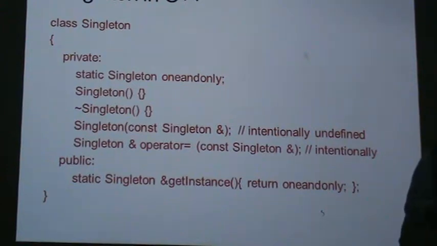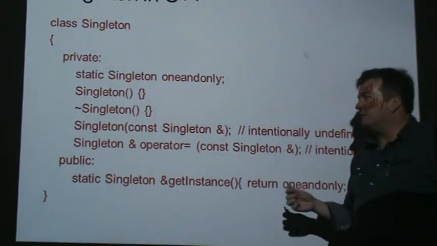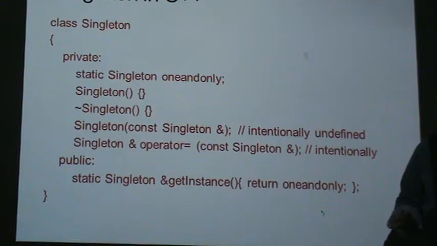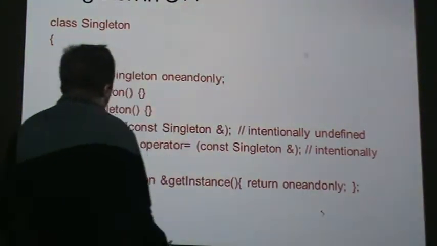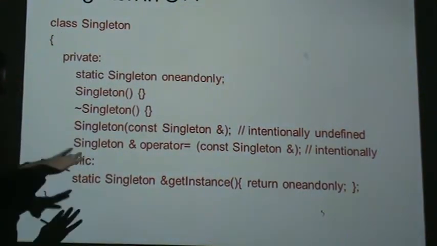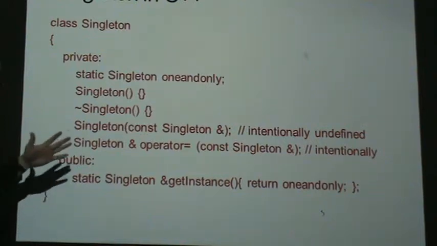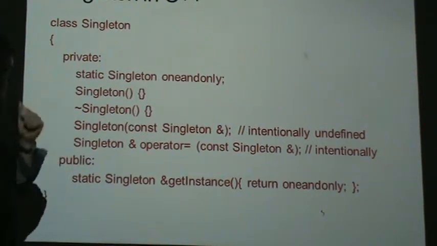For example, MySQL has a maximum number of database connections, 600 or something like that, or whatever the number is. We would never want our entire system to have more than 600 connections to the database.